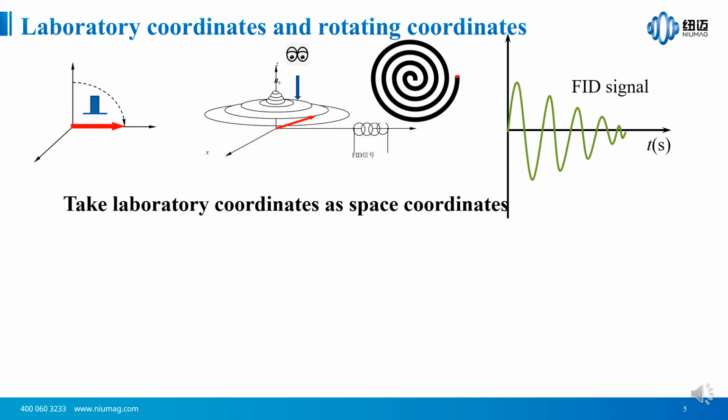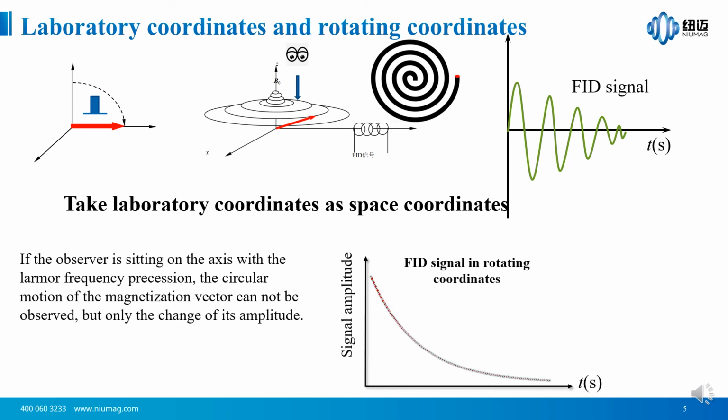We analyze it as a transverse magnetization vector. Attenuation of the transverse magnetization vector decomposes into two parts.